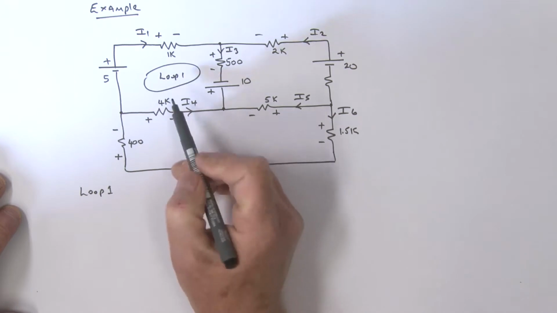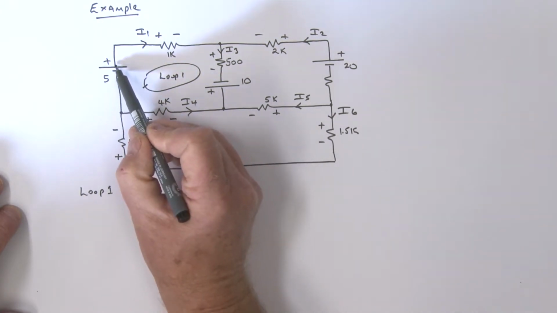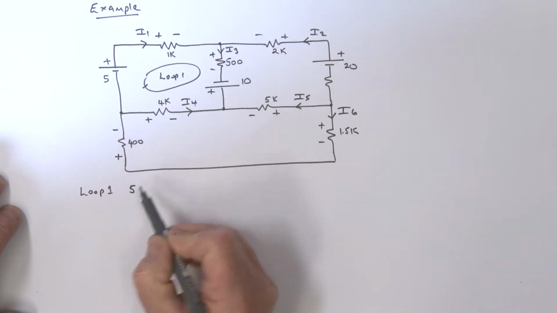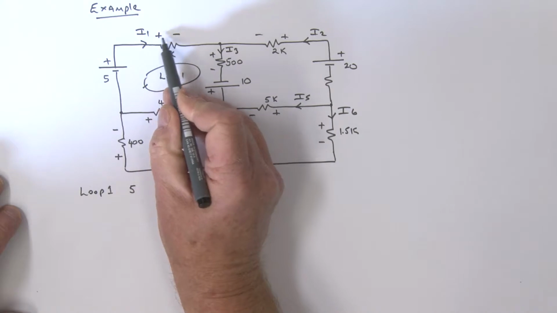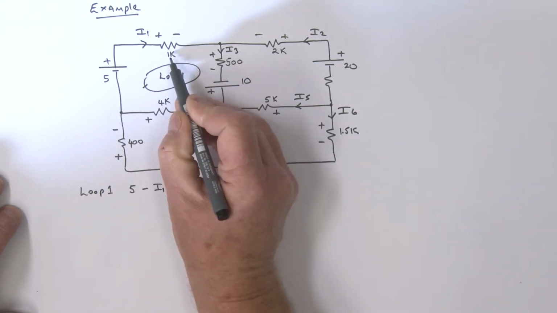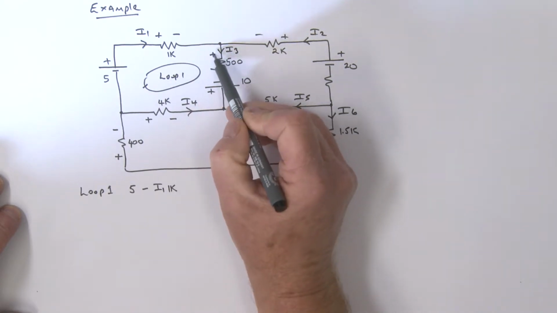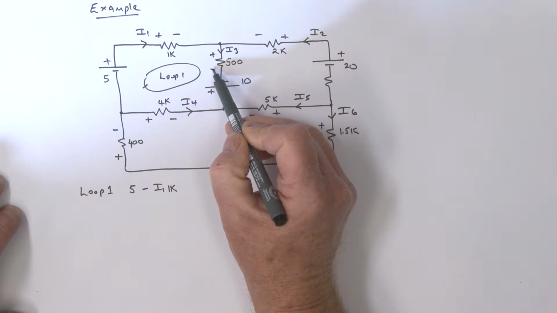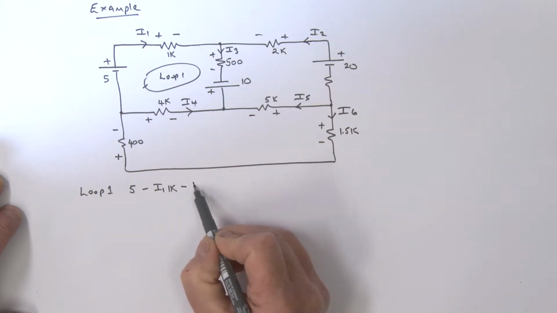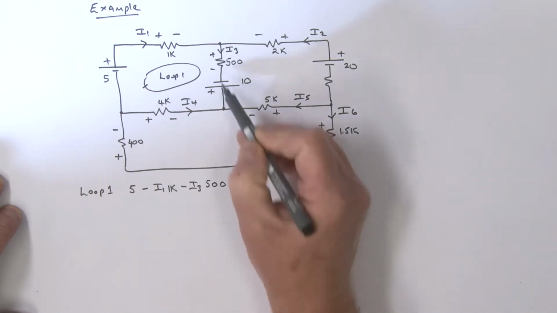Loop number 1, we're summing the voltages. Let's start here. If we go up in voltage, we call it positive. So we've got 5 volts. We're dropping plus to minus, so it's a minus I1 times 1K. Coming on round, we're going from plus to minus, we're dropping again, so that's a minus I3 times 500.